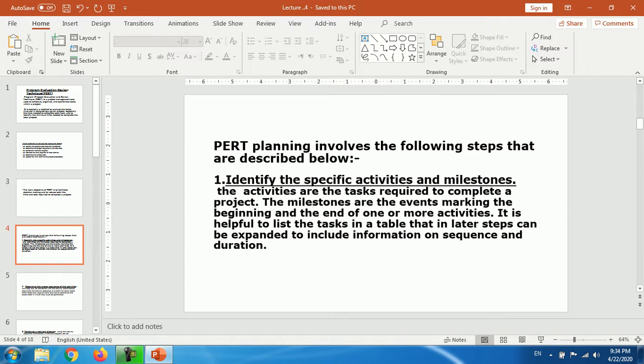The milestones are the events marking the beginning and the end of one or more activities. It is helpful to list the tasks in a table that in later steps can be expanded to include information on sequence and duration.